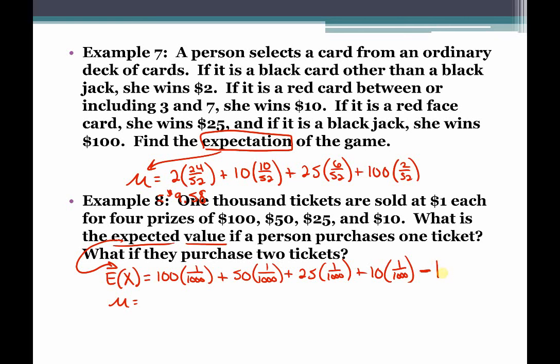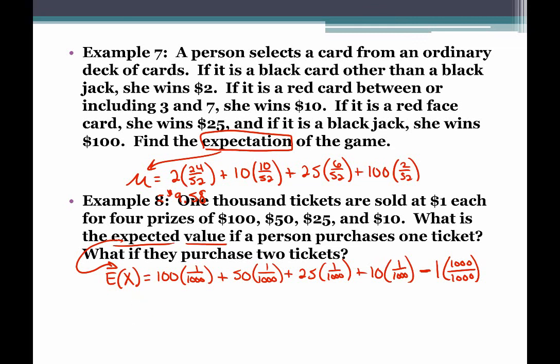Now it bugs some people to just have that 1 sitting there. I literally lose that. All 1,000 ticket buyers, whether they win the prize or not, they lose that $1. So I've really only won 99, or I've only won 49, or 24, or 9. I lose that $1 every time, so we have to subtract that piece off.